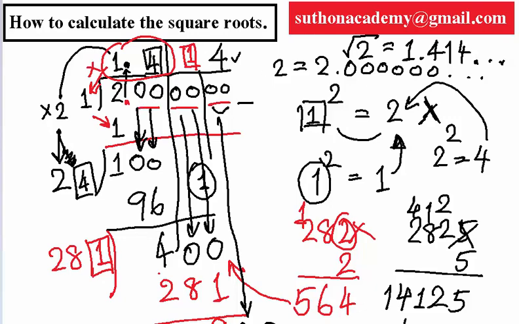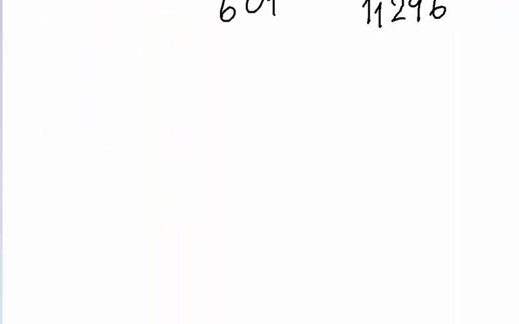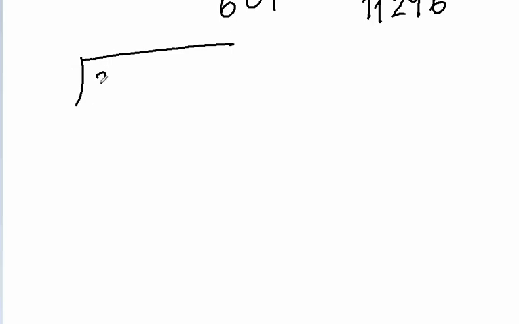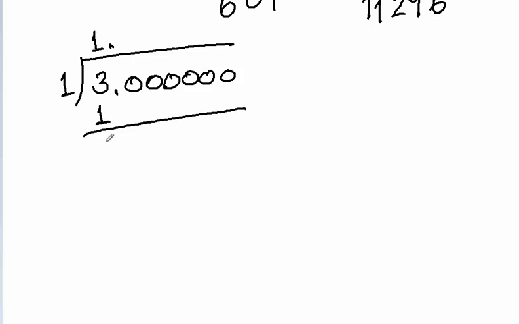So I will show you again with number 3. Okay, I will try to show you the number 3. If I want to find the square root of number 3, I will write down the 0 right here, and then right here 1 times 1 is 1, and then after that I got 2 after subtracting, right?